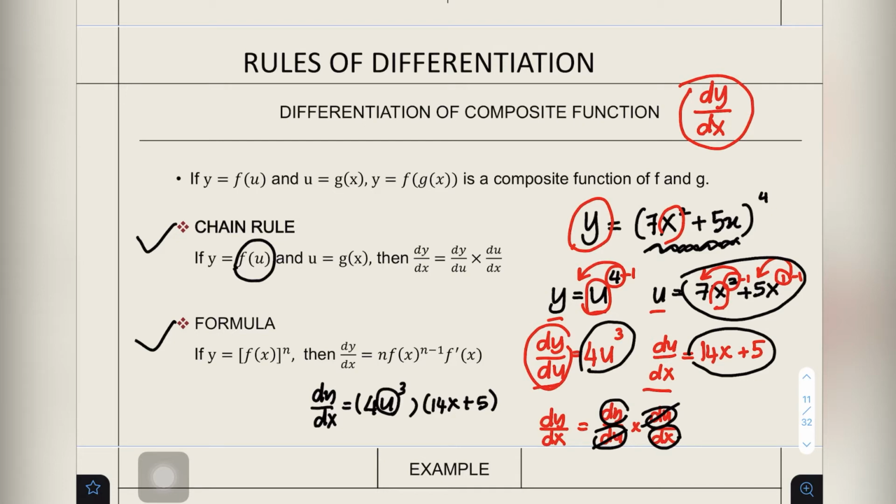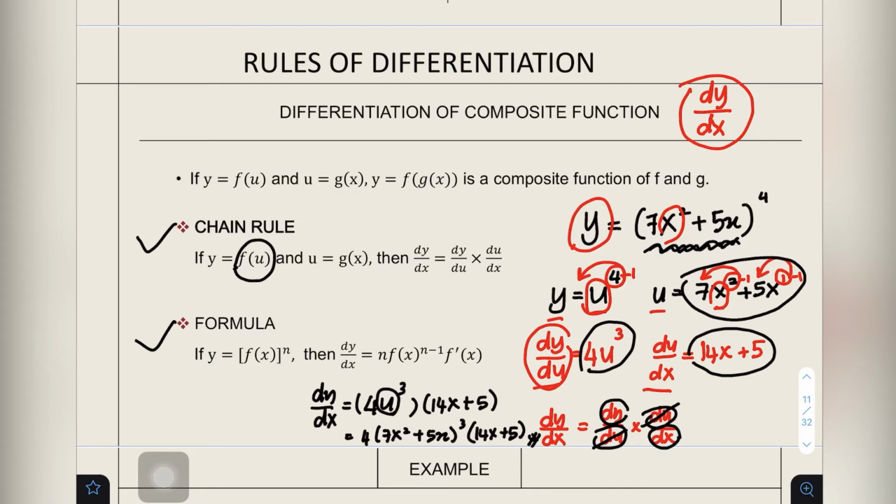So what you have here is 7x squared plus 5x to the power of 3 multiplied by 14x plus 5. So this one can be accepted as the final answer. Okay, that one is how we find the differentiation of the composite function by using chain rule.